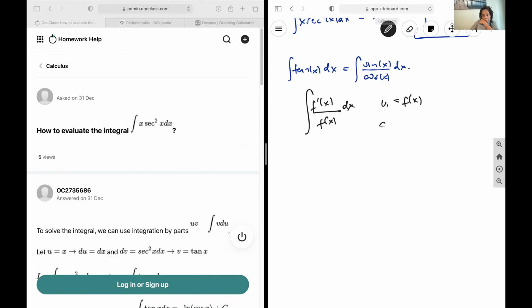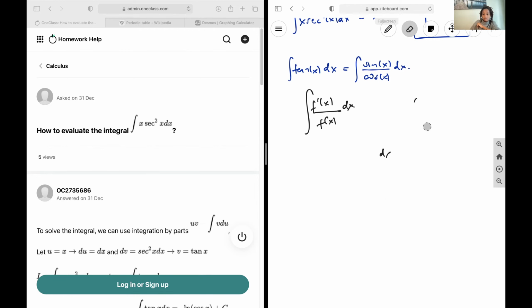That way, when you look for du over dx, which will be f prime of x, you'll get that dx is equal to du over f prime x. So when you substitute everything back in, the f prime x's will cancel, and you'll just be looking for the integral of 1 over u du, which we know.